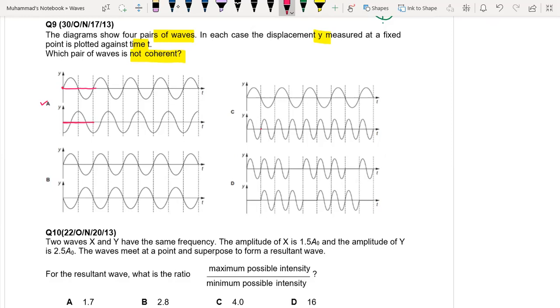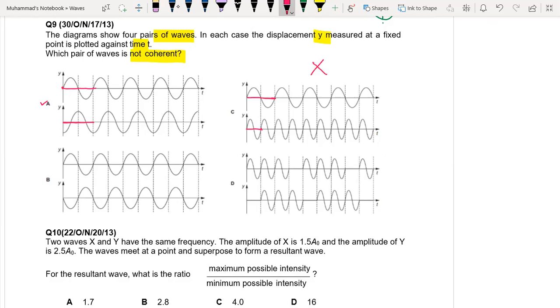And in option C, you can see that the frequency of these two waves is not the same. The time period of these two waves is not the same. This is the time period for this wave, and this is the time period for this wave. So they have unequal time period, in other words, unequal frequency, unequal wavelength. So they are not coherent sources.